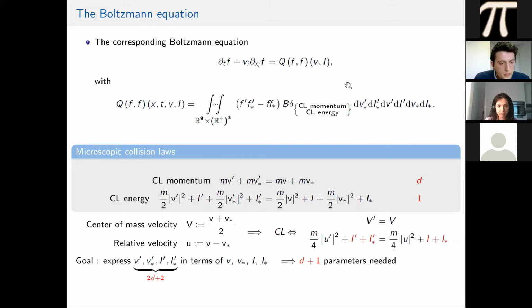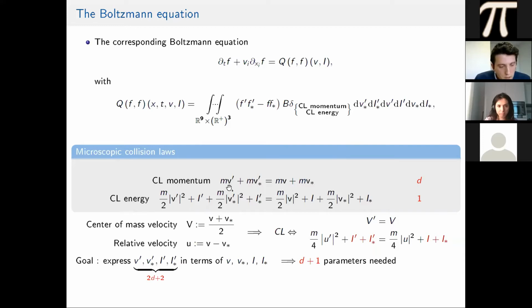And the funny thing is now we also have to adjust our collision operator, and we'll do it the same as before, by first looking at how the conservation of momentum and conservation of energy look.